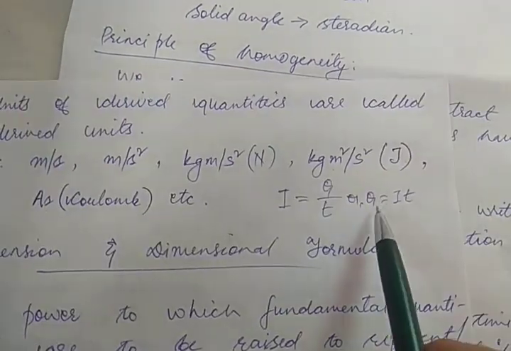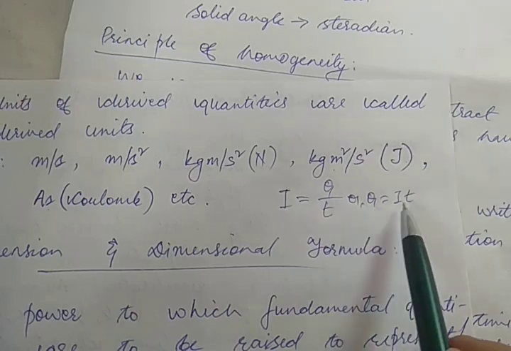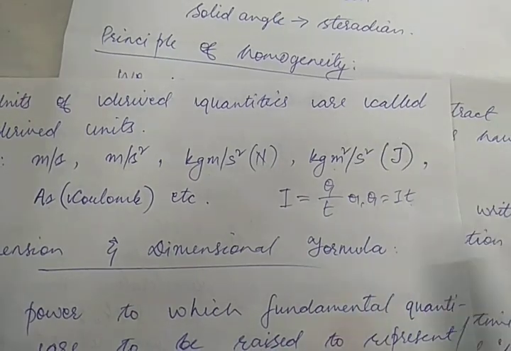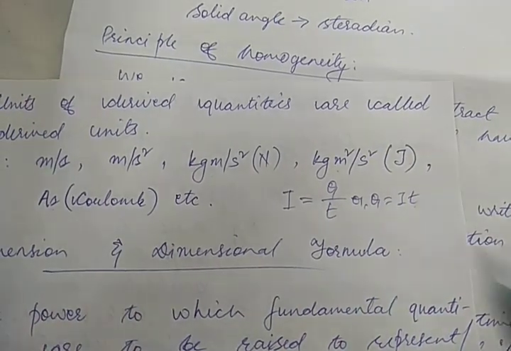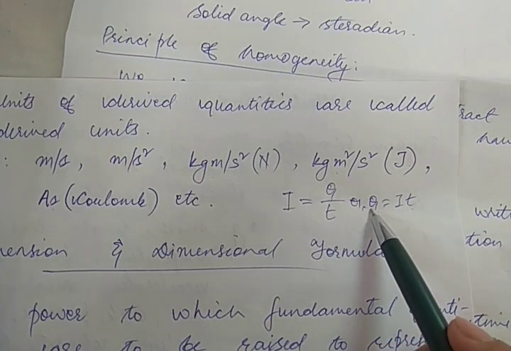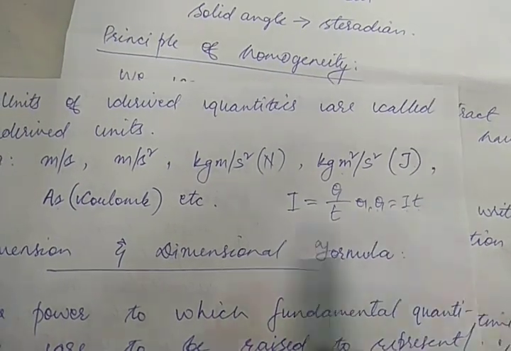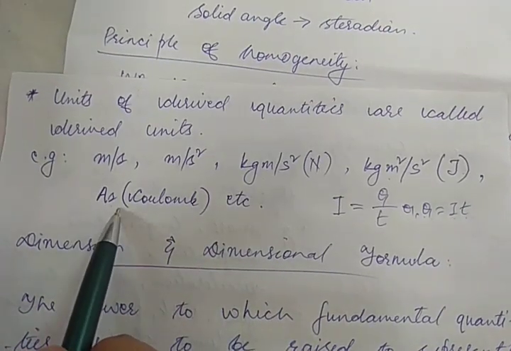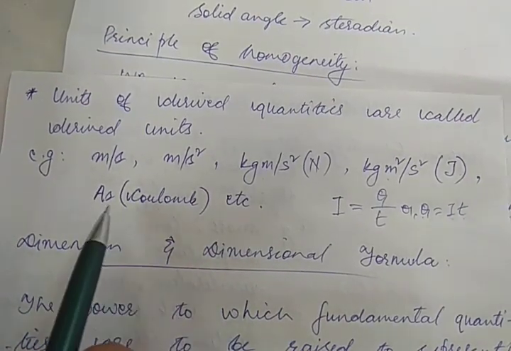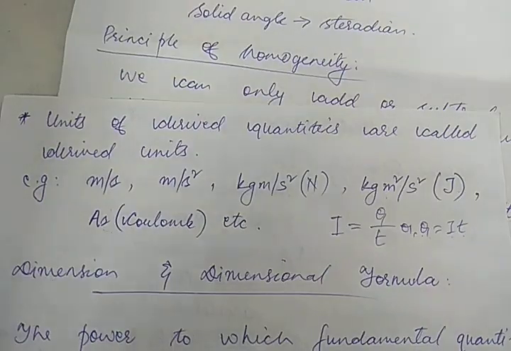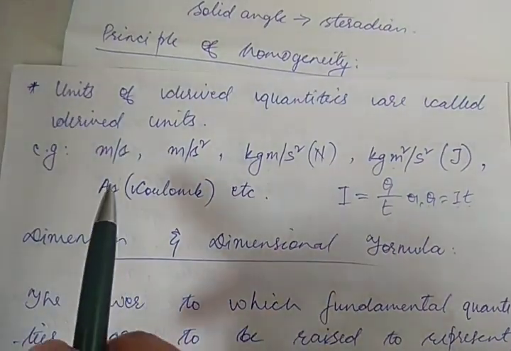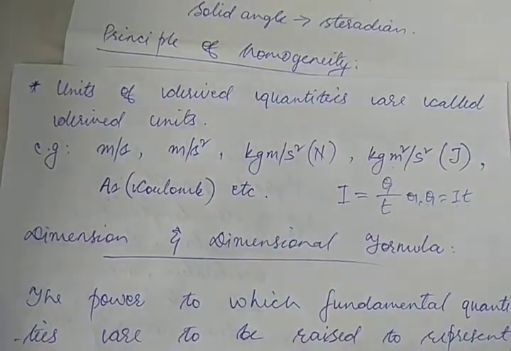So therefore the unit of charge will be ampere second, which is also called coulomb. Remember, charge is not a fundamental quantity, current is the fundamental quantity. That is why we write ampere second or coulomb. Ampere second is the derived unit for charge.